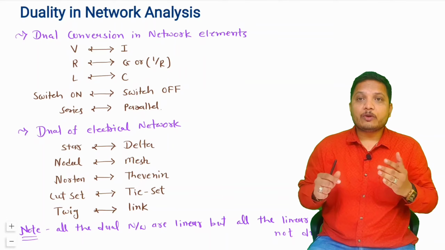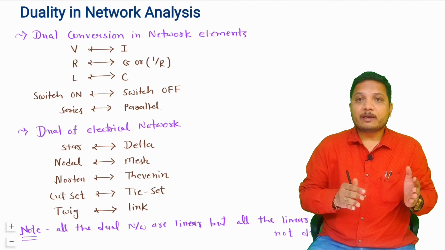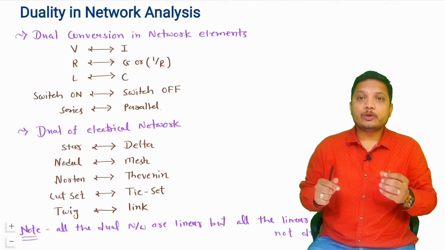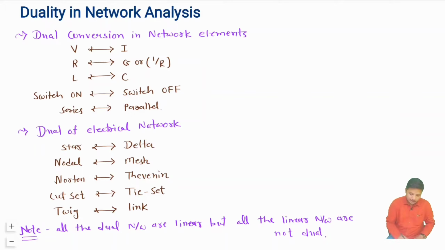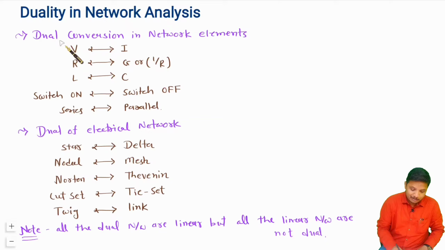When you want to convert one form of network into its dual network, you should know some basic rules. Dual conversion in network elements works like this: if you have a voltage source, you will have to convert that into a current source.